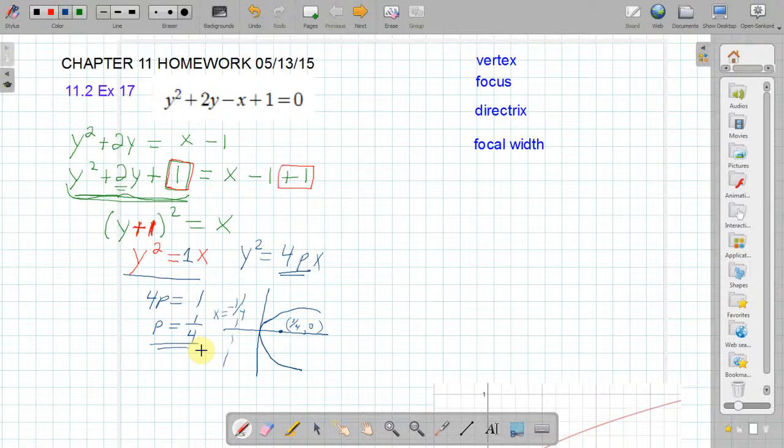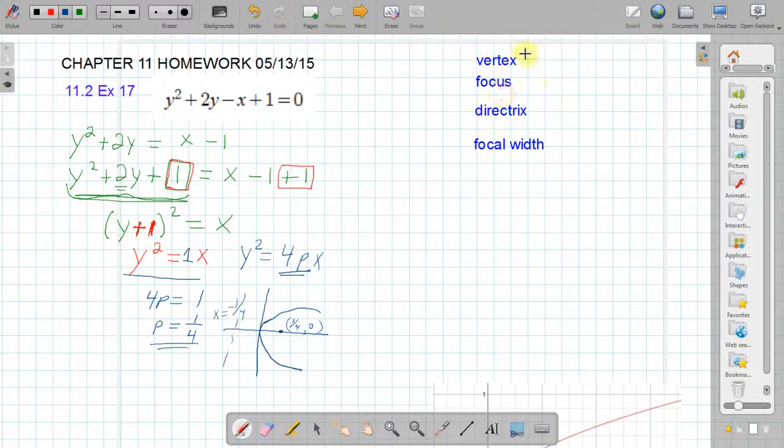So the best thing, if you don't want to get confused, is start with your basic parabola with the vertex at the center at 0, 0, and then just add the new vertex. So the new vertex, you can say that this one got translated down, and this one didn't get translated.